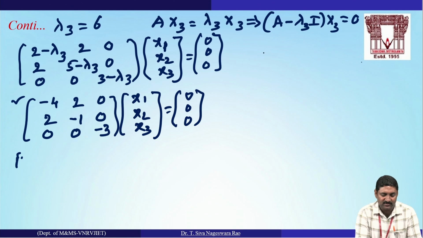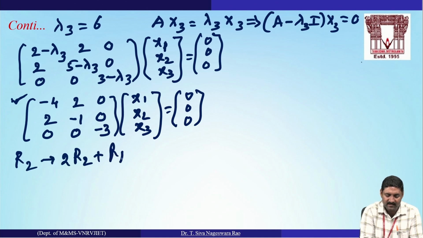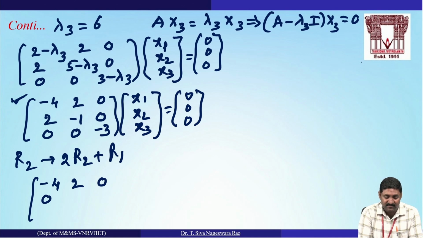By using row transformations, our aim is to reduce this coefficient matrix into echelon form. Transformation: R2 goes to 2R2 plus R1. Therefore, the resultant matrix has 0 in the second row, since 2R2 gives minus 2 plus 2, 0, 0. The third row is minus 3.